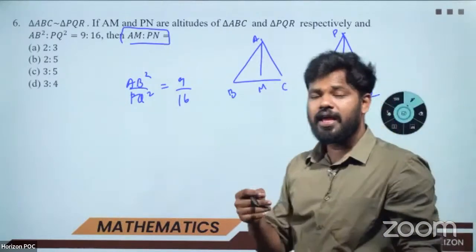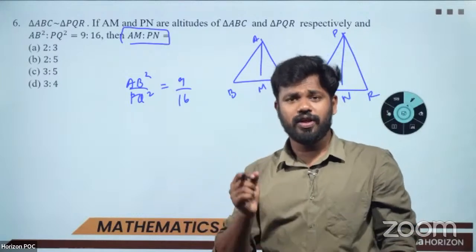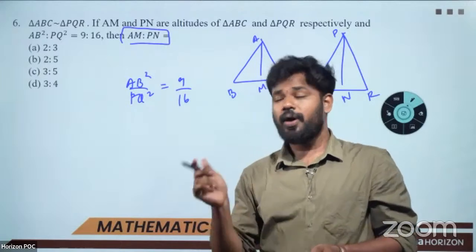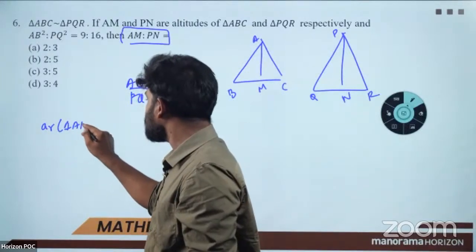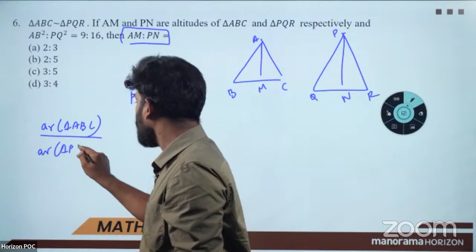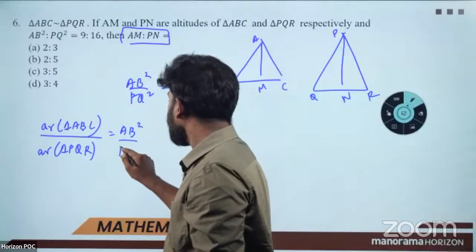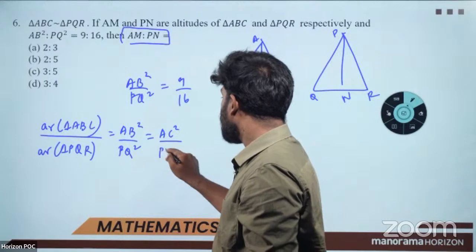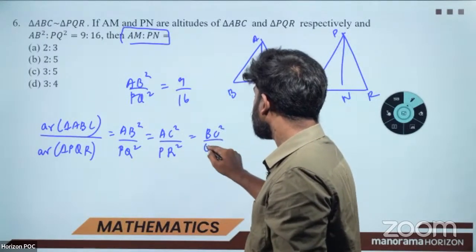We know that when two triangles are similar, the ratio of their areas will be equal to the square of the corresponding sides. So you can write area of triangle ABC divided by area of triangle PQR will be equal to AB square by PQ square, or that will also be equal to AC square by PR square, or BC square by QR square.